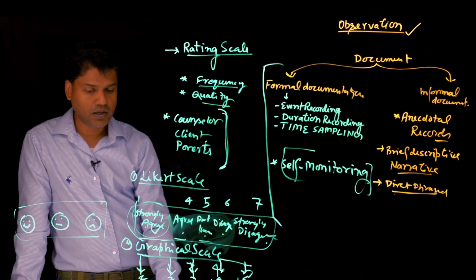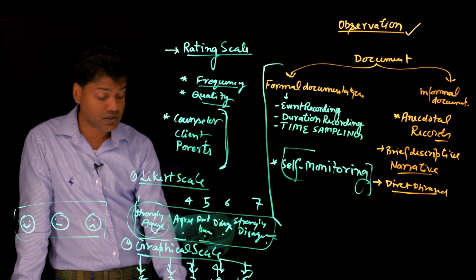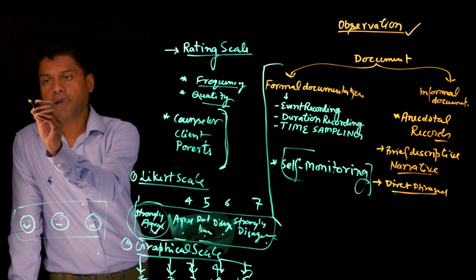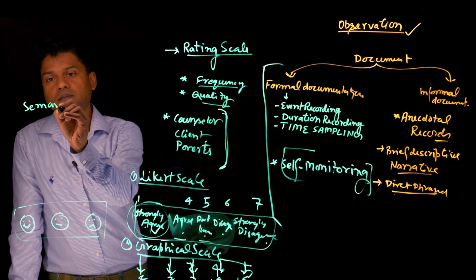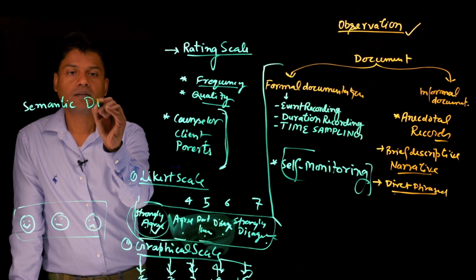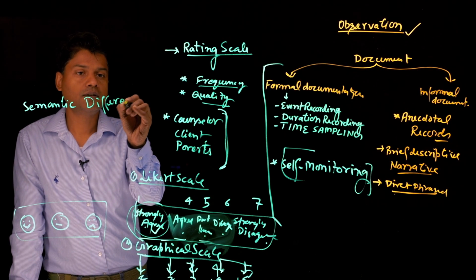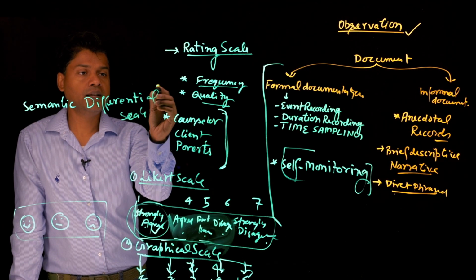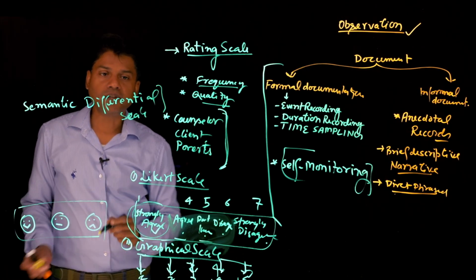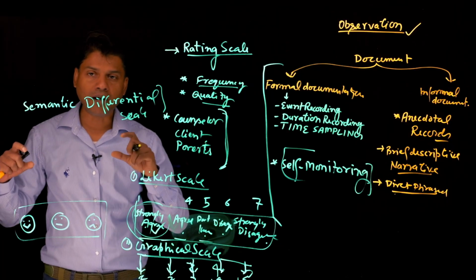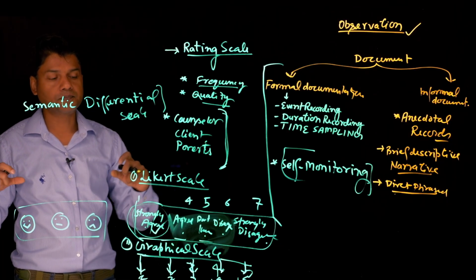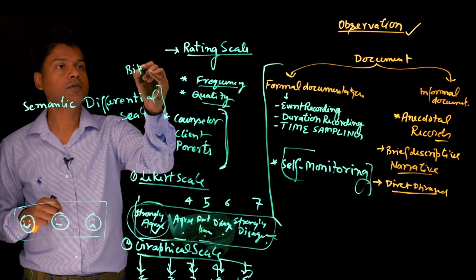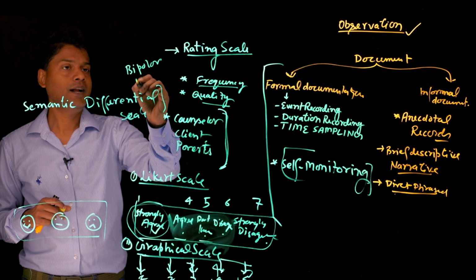Finally, another scale which is commonly used is the semantic differential scale. So what is this scale about? In a semantic differential scale, you have bipolar adjectives. That is one thing to keep in mind: bipolar adjectives.